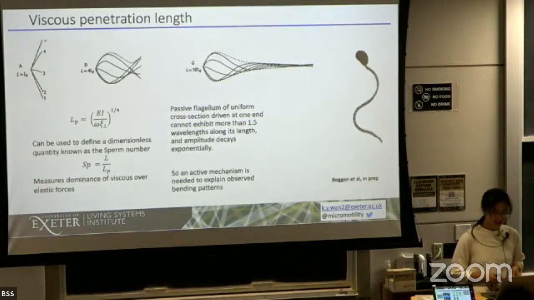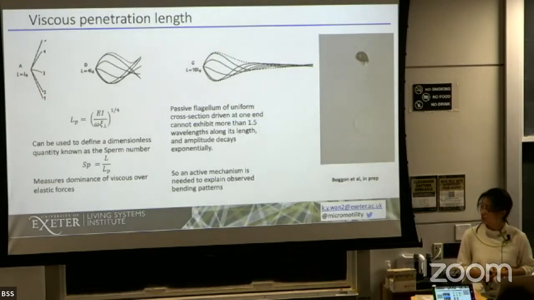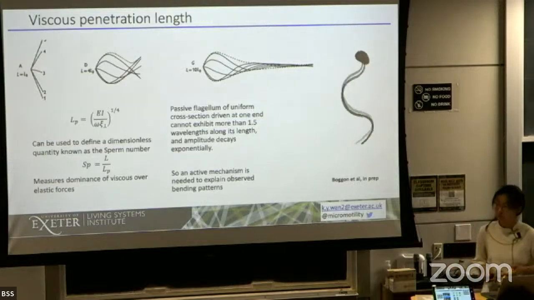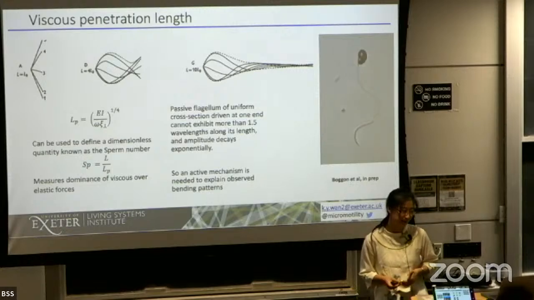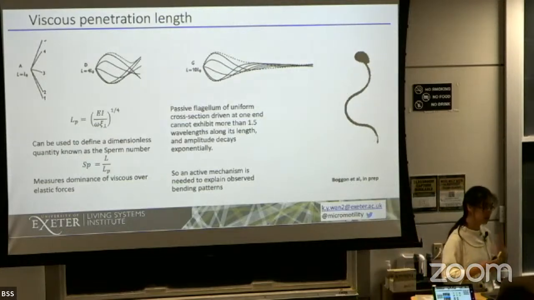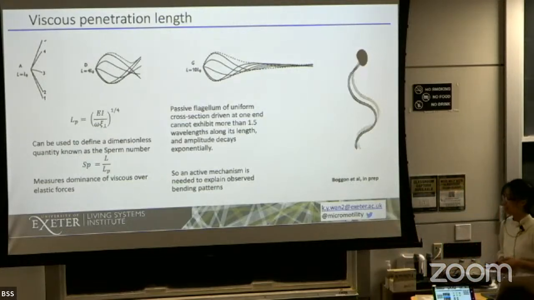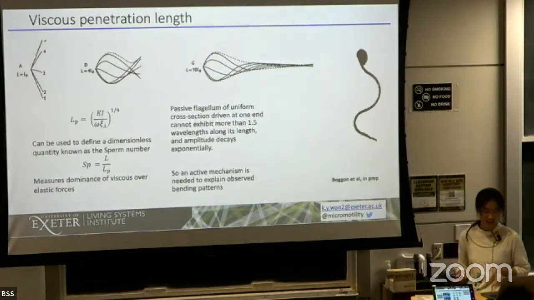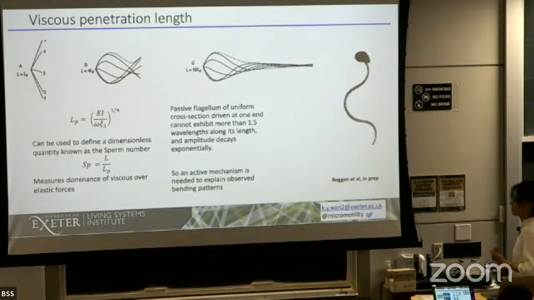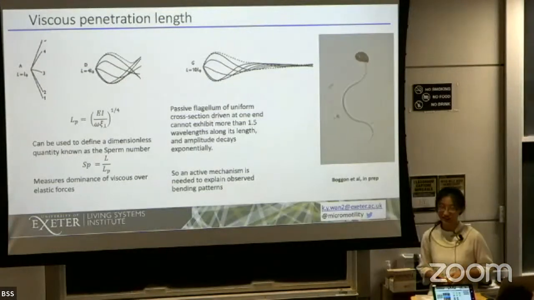And for different organisms, for real sperm, this number is much larger than for something like a Chlamydomonas cilium. And this really characterizes the dominance of viscous versus inertial, elastic forces.